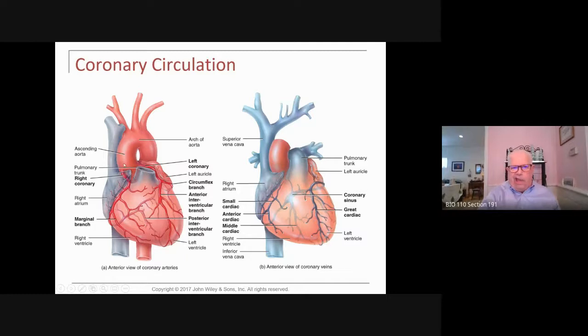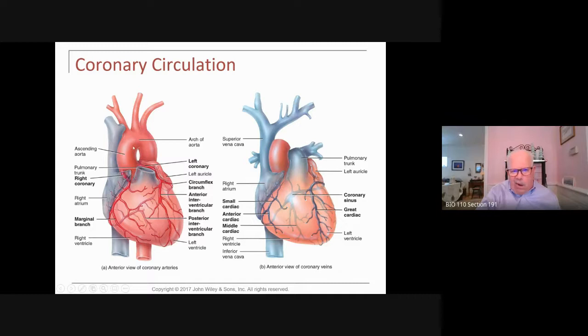The ascending aorta takes blood and puts it into these 3 main arteries, which we will talk about. I want you to know these 3 major arteries that are branches of the arch of the aorta, because this is where the majority of oxygenated blood goes into the upper part of your body.